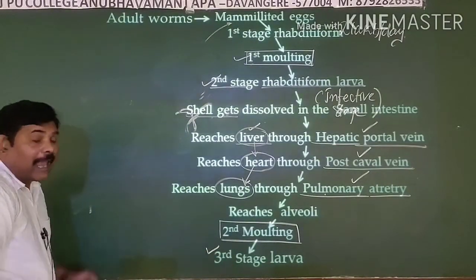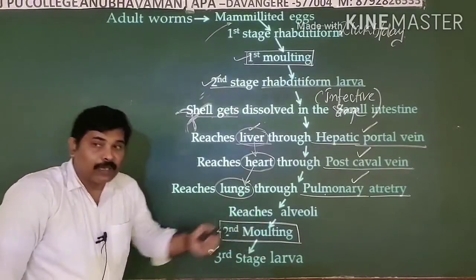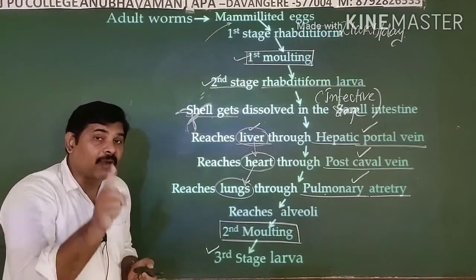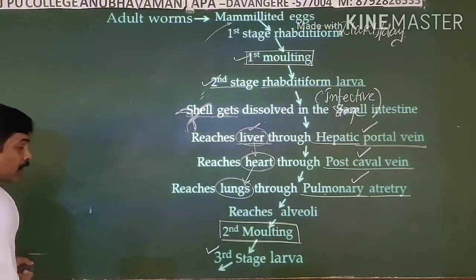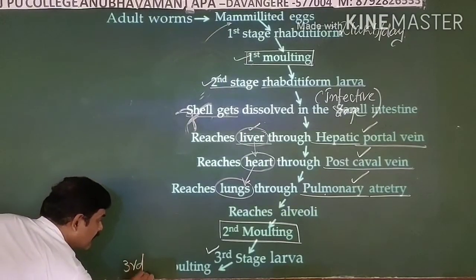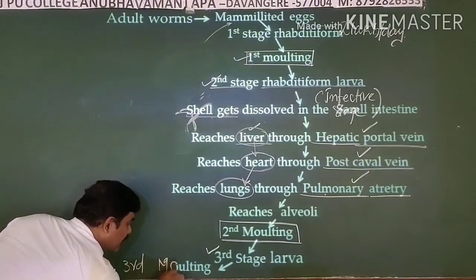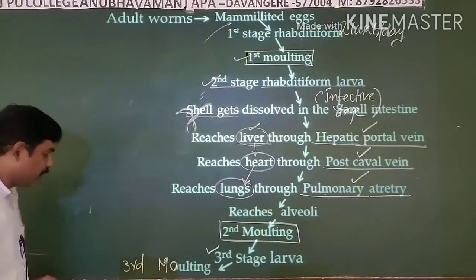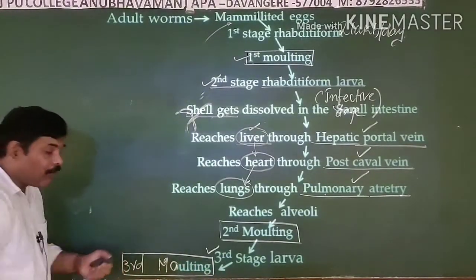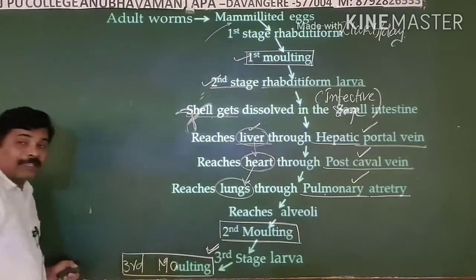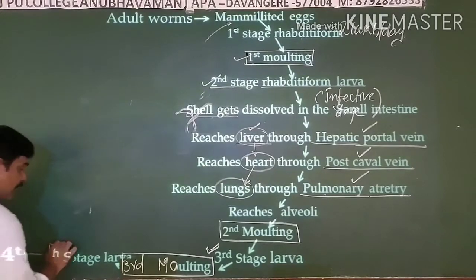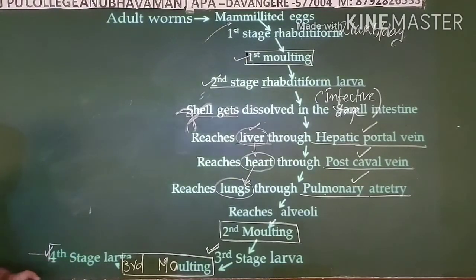Again, within the alveolus itself, one more molting will take place, a third molting. As a result of that third molting, the third stage larva turns into the fourth stage larva.